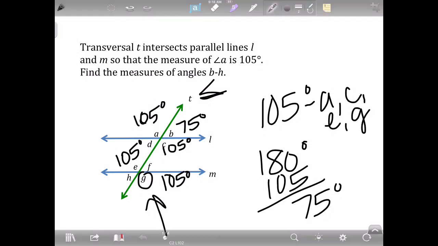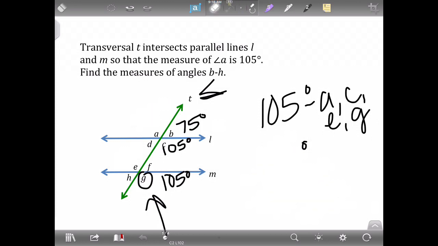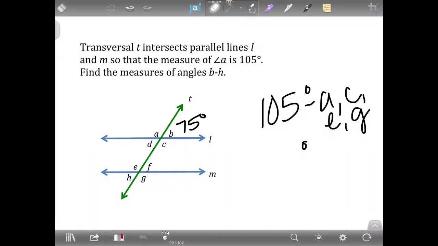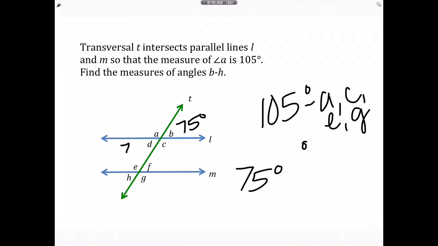Vertical angles are the ones that face each other, and if they face each other, they are the same degrees. So now we can figure out how many are 75 degrees. Angle D is facing angle B, 75 degrees. Even though it's all the way down here, angle H is also facing angle B, which is 75 degrees.